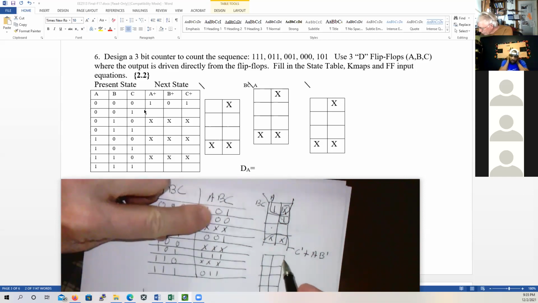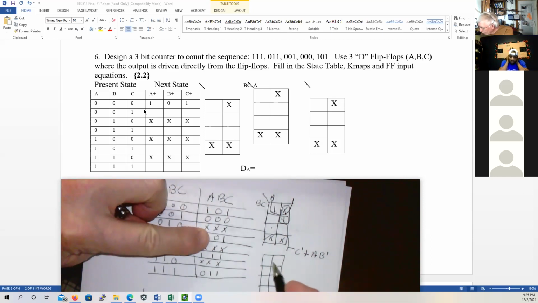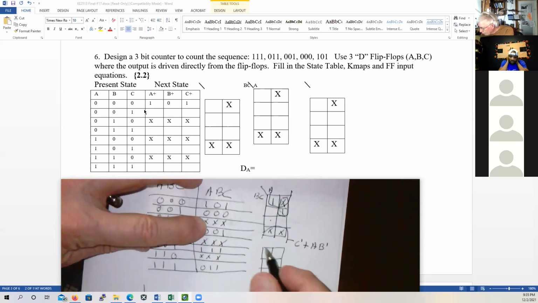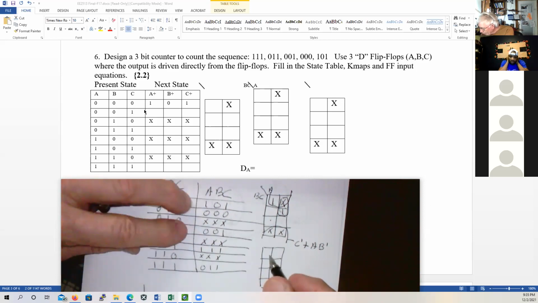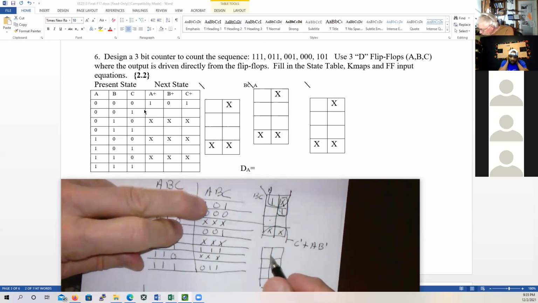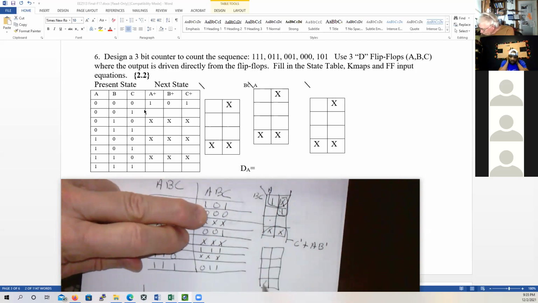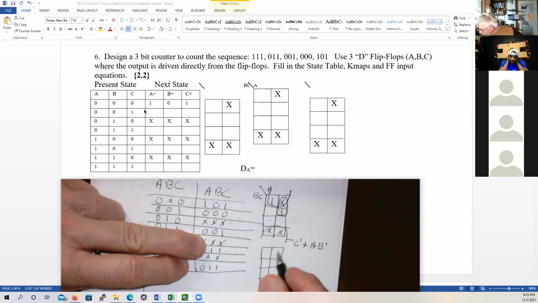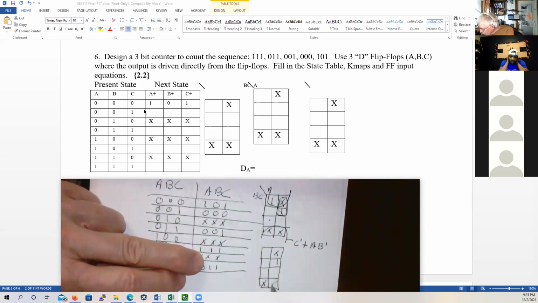So we just do 0, 0, don't care, 0. And remember, the don't cares should always be in the same places unless you've got some kind of 5 variable thing or something weird. So 0, 0, don't care, 0, don't care, 1, don't care, 1.